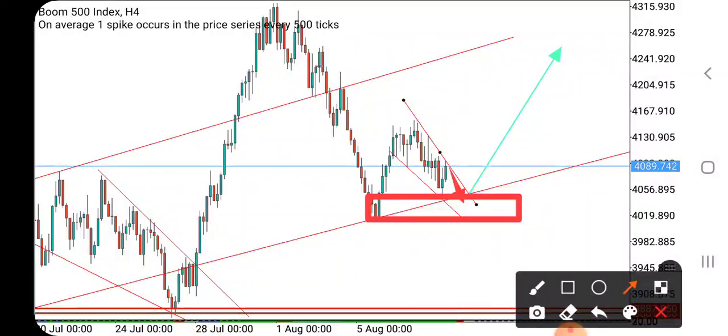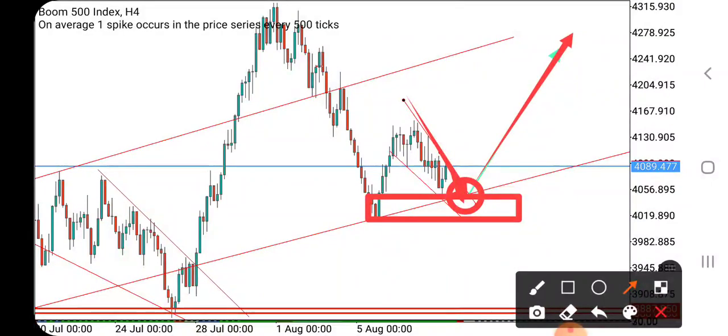Once the price comes there, you can see I had my green arrow. That's the direction I'm looking at, focusing on where this price is likely going to go for the week, the price pushing way up to this side. But we are still paying attention to see the reaction of the price. So two ways: either the price retraces back to our level right there, or the price breaks our downward trend line.